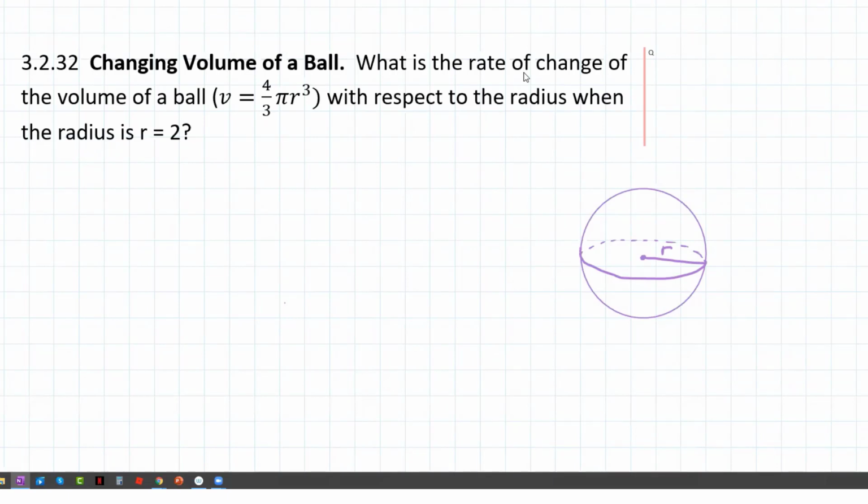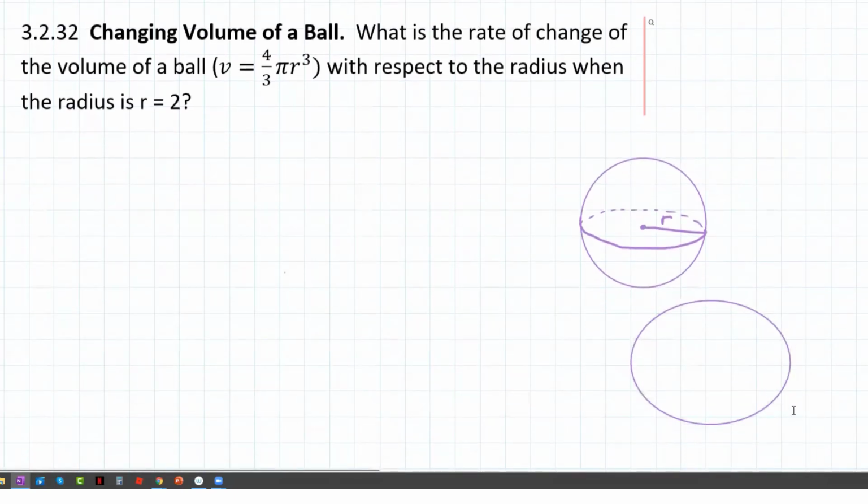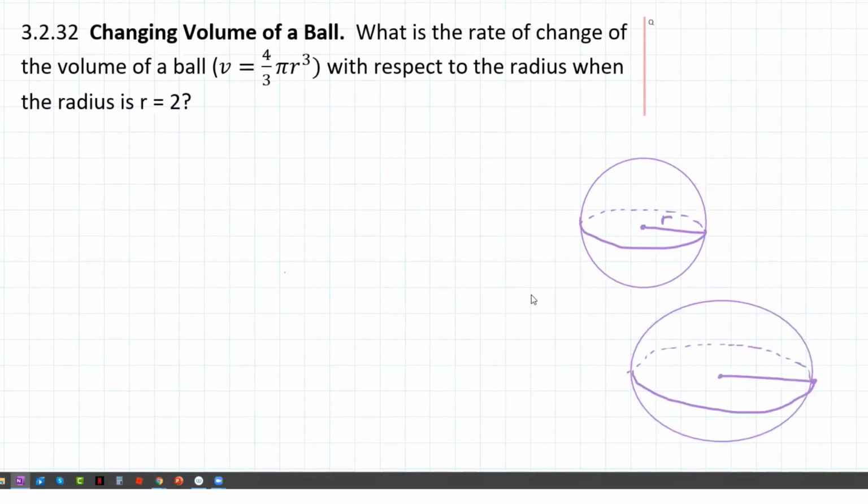At the next moment in time, the ball has expanded and it's larger or smaller, whatever the case may be, shrinking or growing. Okay, so maybe this was when the radius was r sub 0. We often use a subscript 0 to indicate a particular value as opposed to the variable value r. And then maybe this is r sub 0 plus h. There's been a little bit of change in the radius.